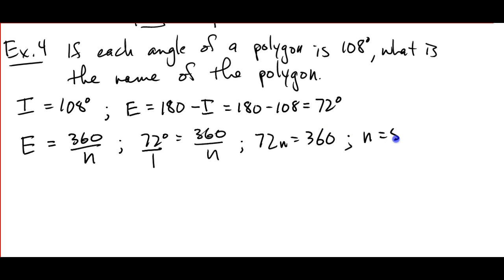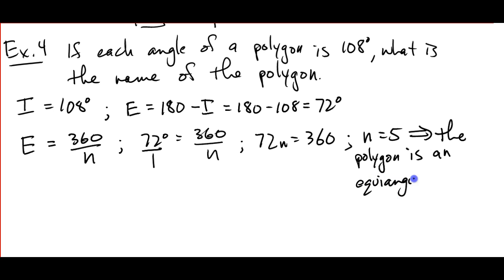I get n is equal to 5, which means the polygon is an equiangular pentagon.